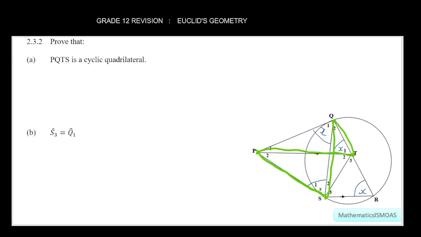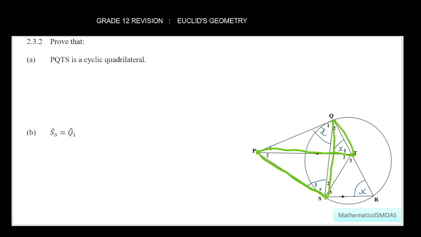Angle S1 is equal to X, angle T1 is equal to X, therefore angle S1 is equal to angle T1. Therefore, you need to be thinking of your angles in the same segment. But remember, we don't have a circle here, therefore we cannot be talking about the segment. That will happen when we are having a circle.